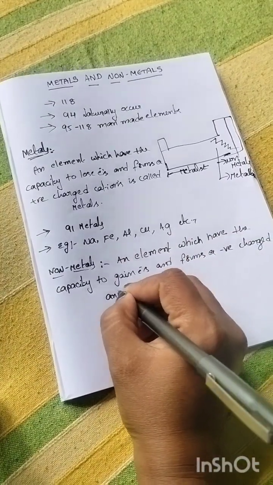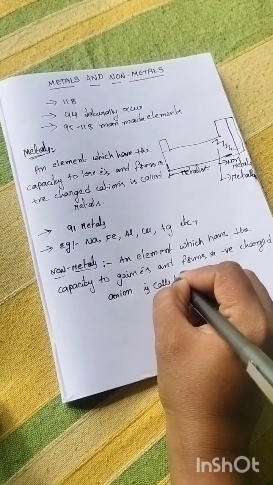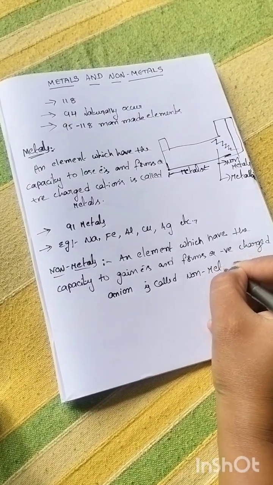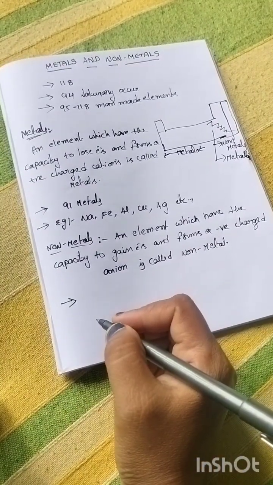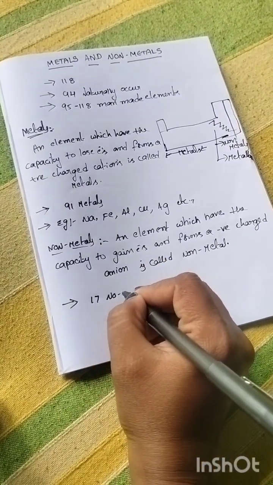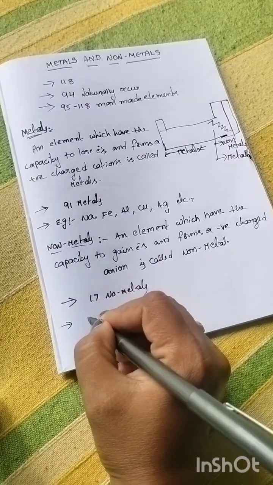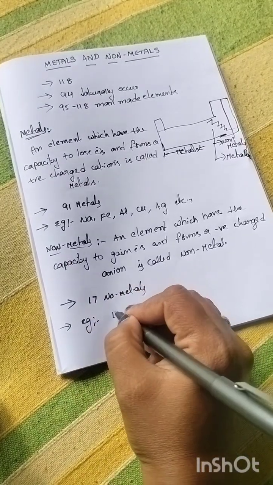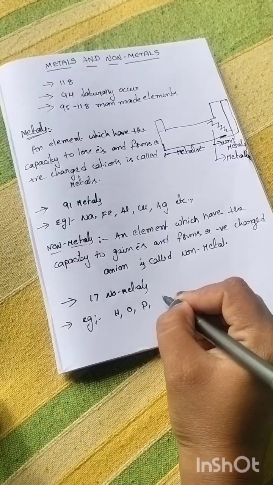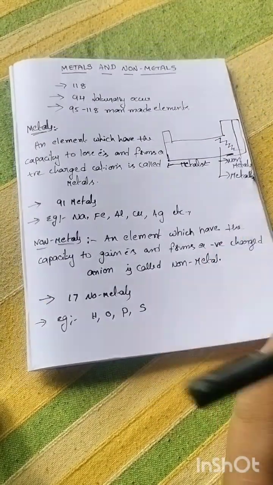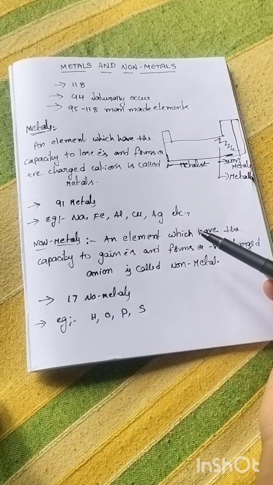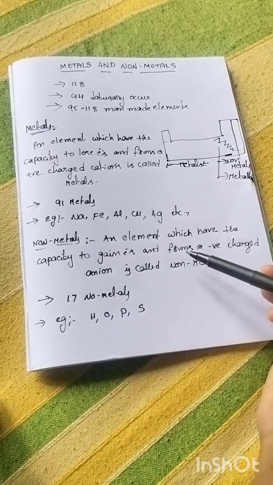We have nearly 17 non-metals among those 118 elements, and we place them on the right side of the periodic table. The examples are hydrogen, oxygen, phosphorus, and sulfur. Here some more elements are present.